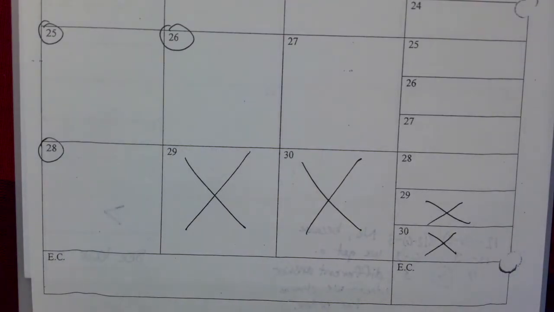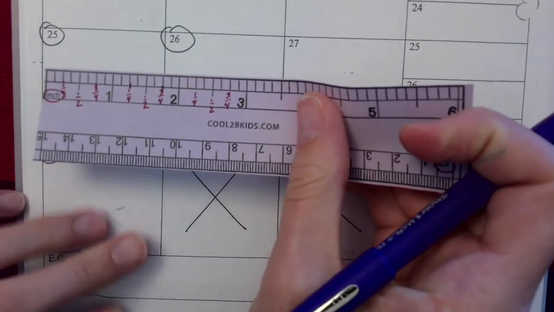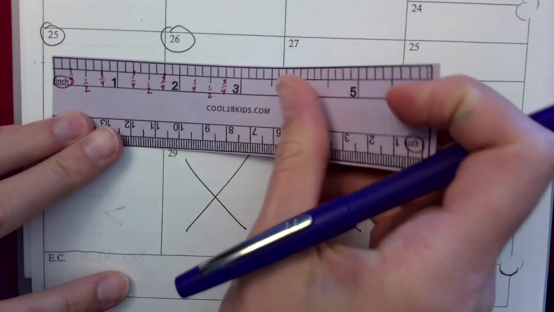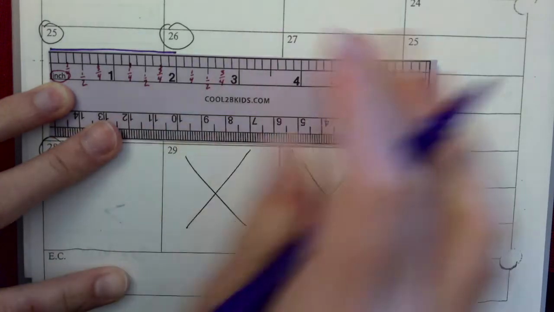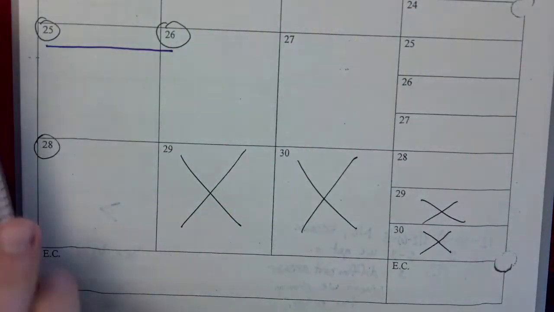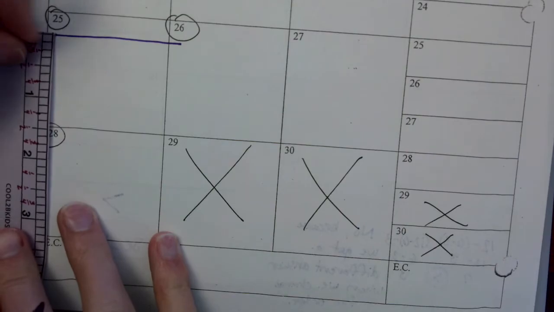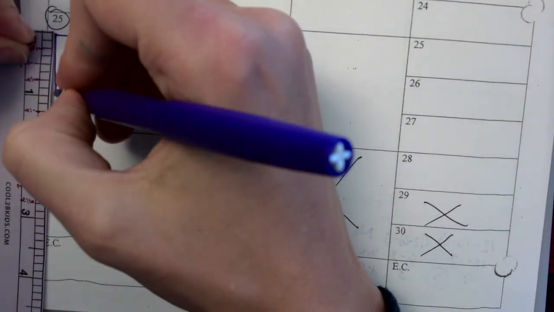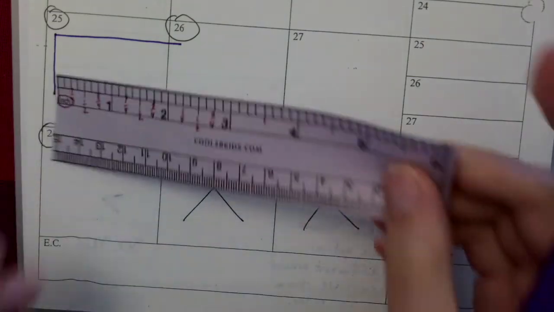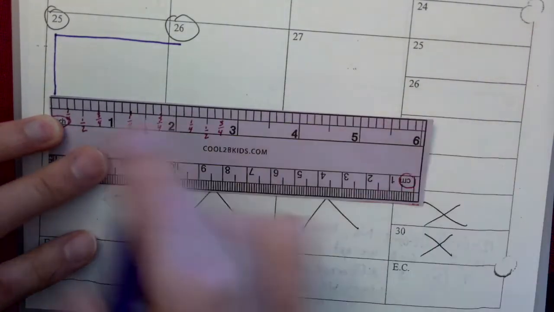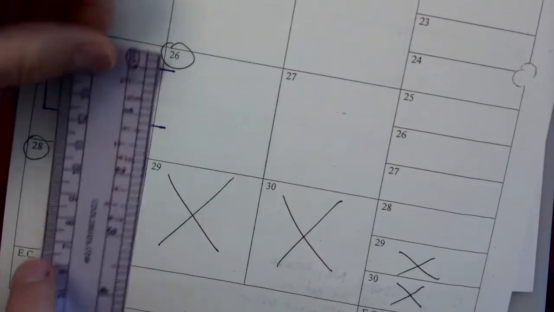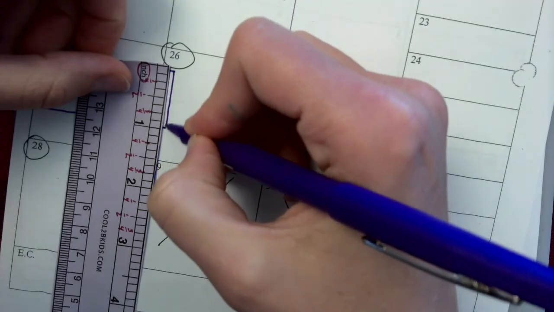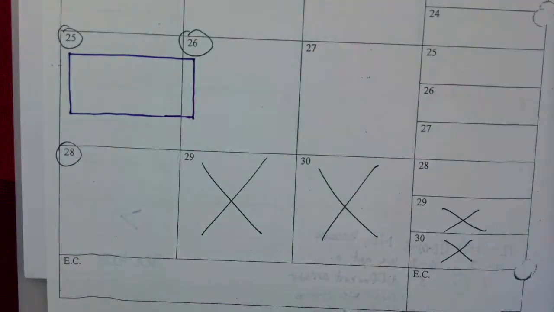It's going to be a little bit bigger than my box, but that's okay. Then it needs us to find the perimeter and area.